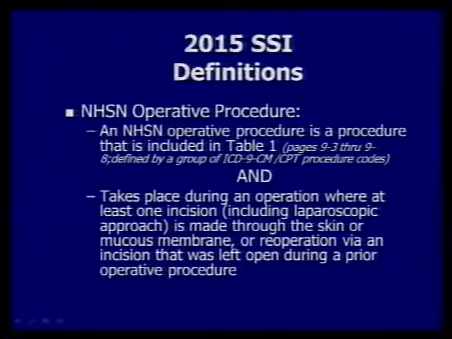And then this year, the ICD-10s are coming eventually, I think. And it also takes place where at least one incision, including the laparoscopic approach, is made through the skin or mucous membrane, or you have a reoperation via an incision that was left open during a prior procedure.